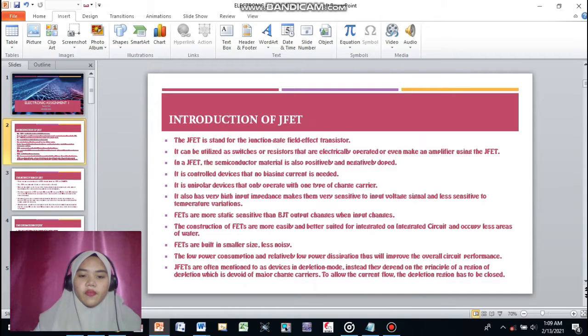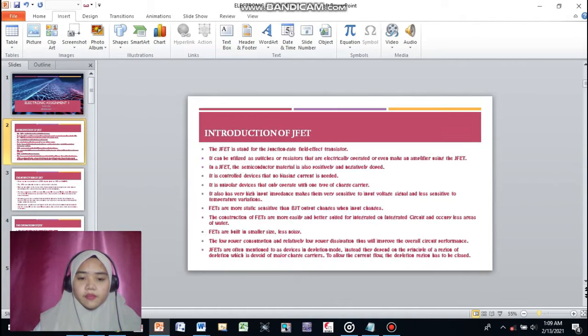The construction of FETs is easier and better suited for integrated circuits, ICs, and they occupy less area. FETs are built in smaller size, less noisy, with low power consumption and relatively low power dissipation. Those will improve the overall circuit performance.